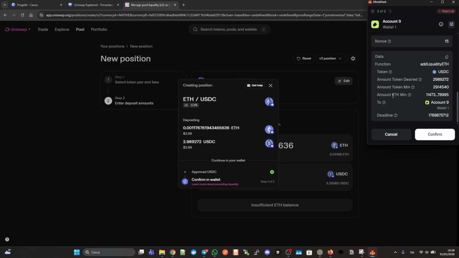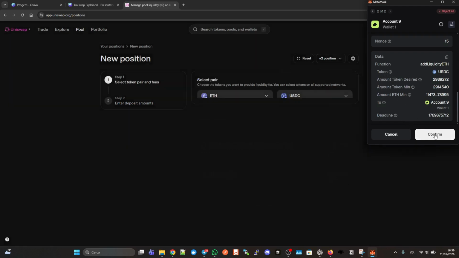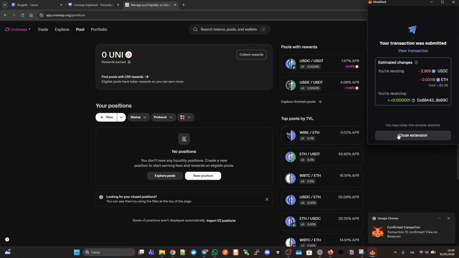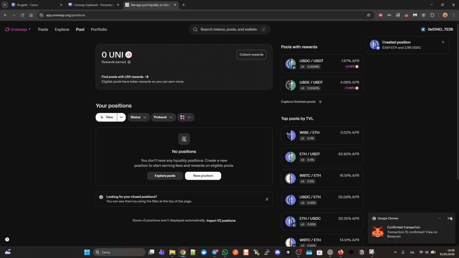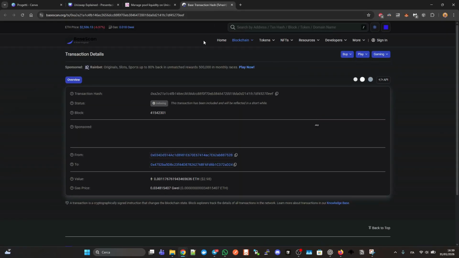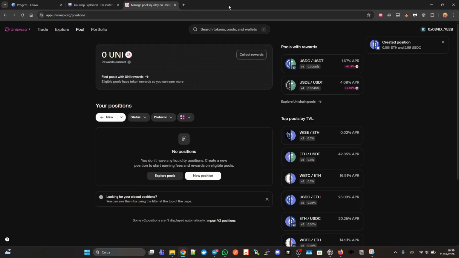Add the liquidity. Okay, this is the second transaction. Confirm. Okay, pause extension. So we have created our position. Okay, here we can see the transaction. Let's go to view positions.